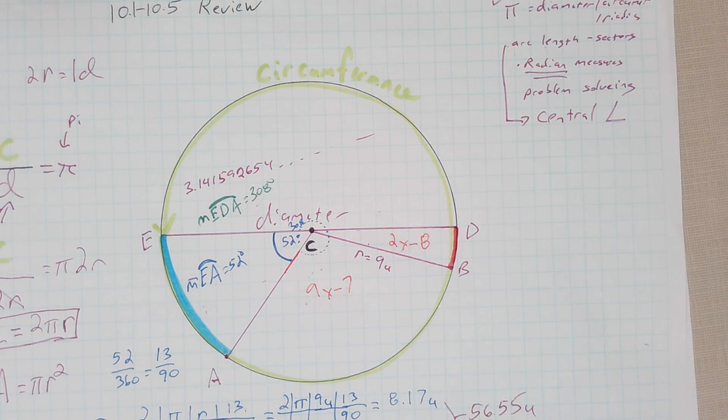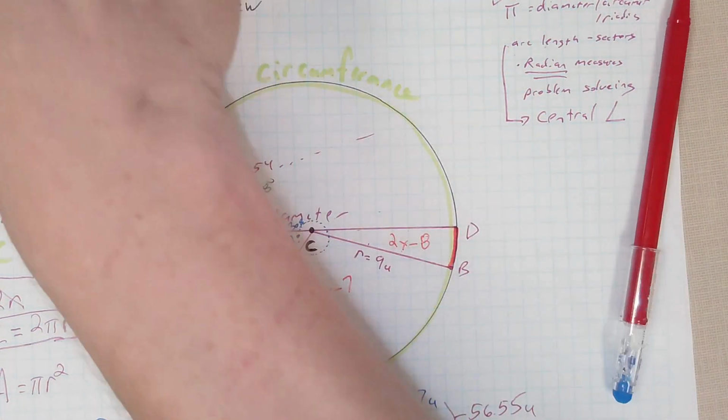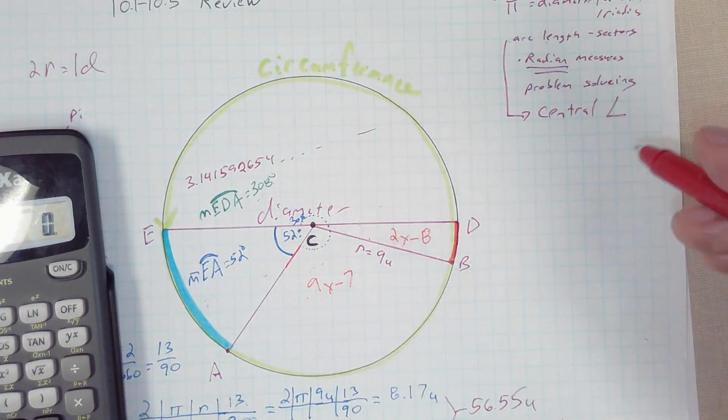How do we figure out this whole thing? It's as simple as recognizing that arc AD is 180 degrees, because AED is the diameter. So if that's 52 degrees, then the sum of these two angles is 180 less 52.